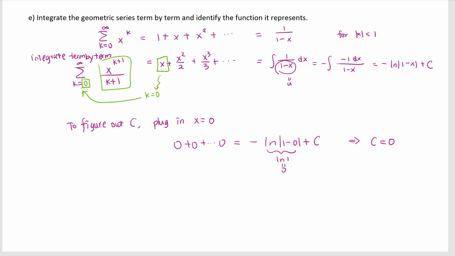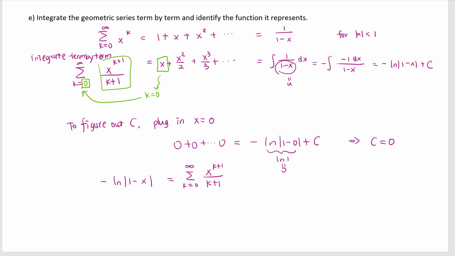Good. So the function the series represents is minus ln of 1 minus x, which equals the series, k from 0 to infinity, x to the power of k plus 1 over k plus 1.